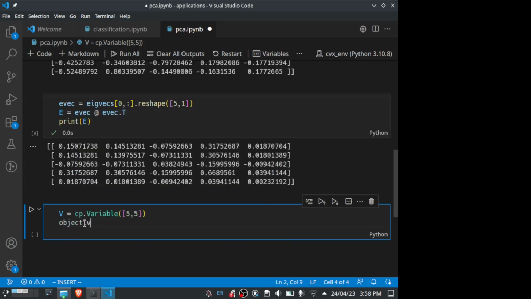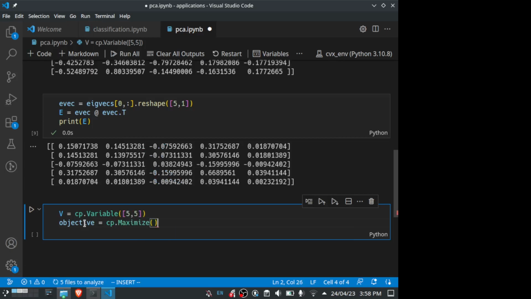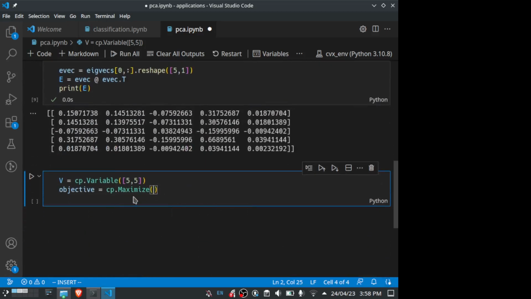An objective which is cp dot maximize, trace of sigma times sigma times V. What are my constraints?